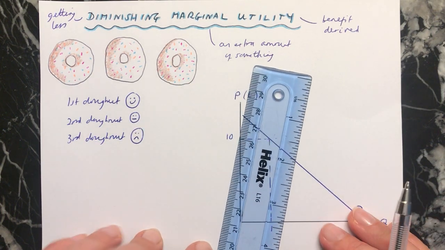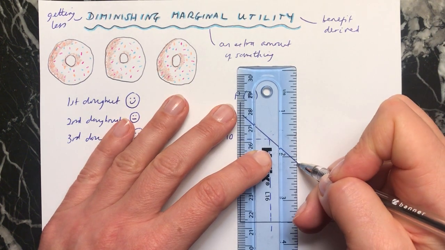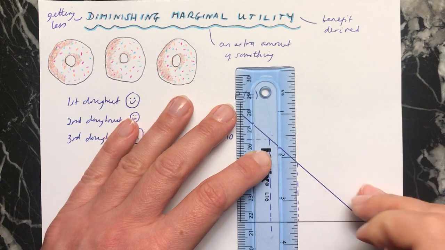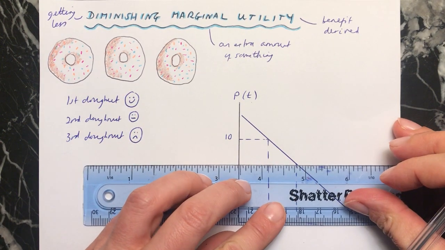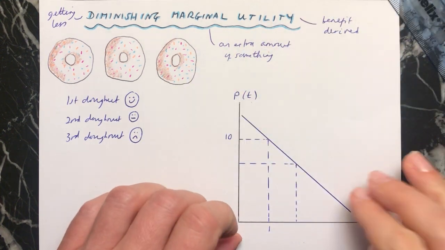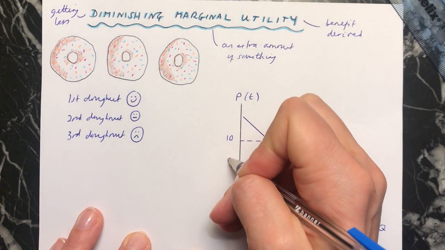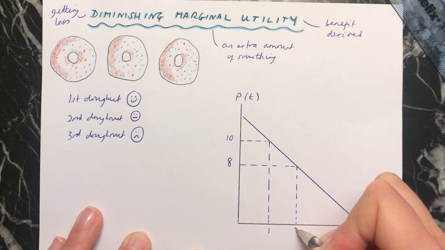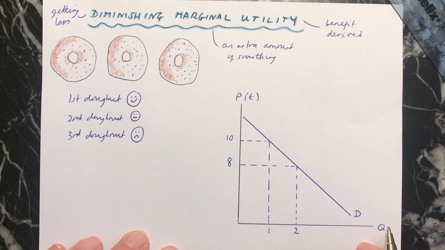But if you're consuming 2 donuts, then you might actually only be willing to pay, let's say, £8 for these 2 donuts.